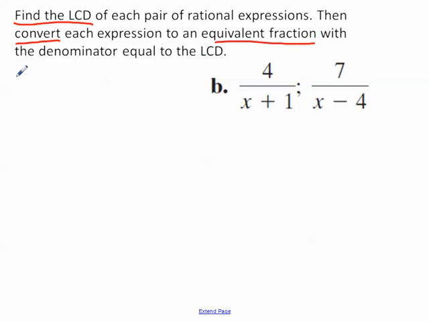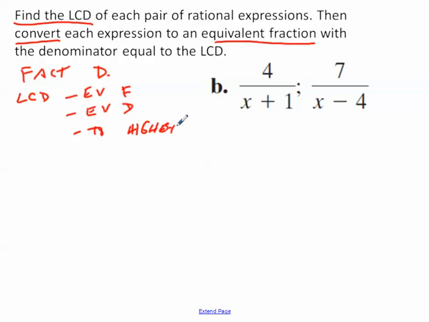Exactly what we did before. Find the lowest common denominator means factor the denominator, and then list in our lowest common denominator every single factor from every denominator to the highest power. And then after we've got that, we've got to convert.